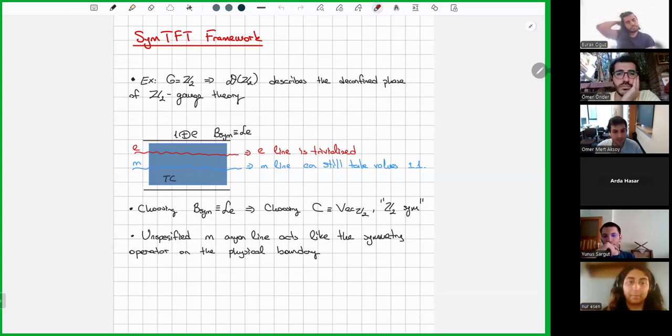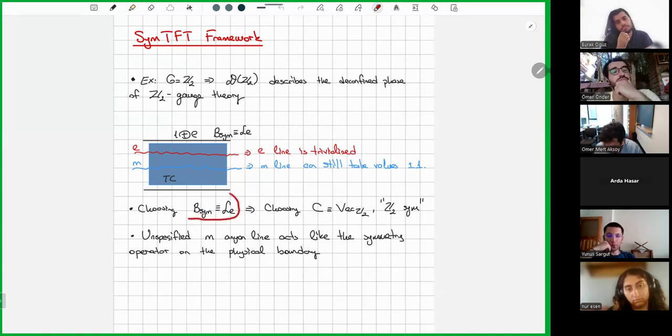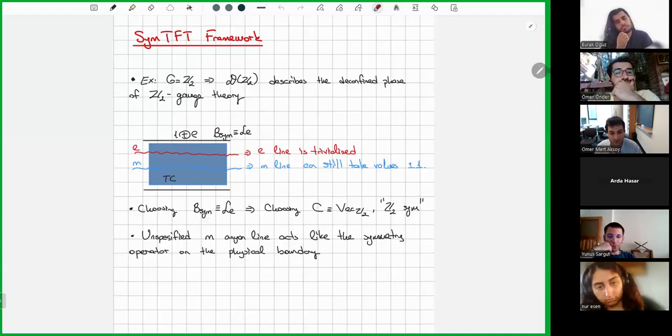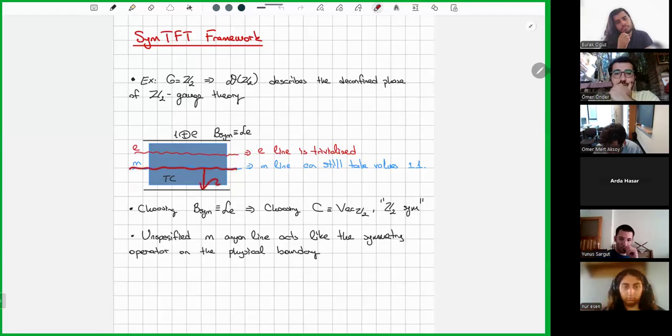Now, what does that mean in terms of choosing the symmetry? I didn't specify the bottom yet. Since I condensed the E anyons on the top, I'm effectively choosing a Z2 symmetry, because from the perspective of the bottom, this M line looks like a global symmetry operator that you can push and act potentially on the bottom boundary. The eigenvalues of this M line, +1 and -1, are your global symmetry eigenvalues.